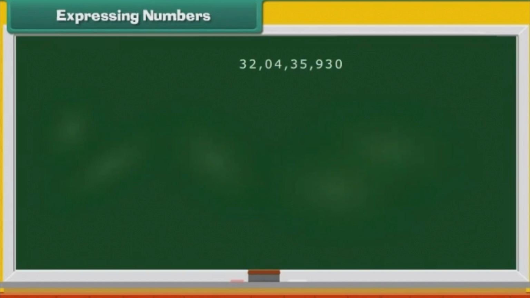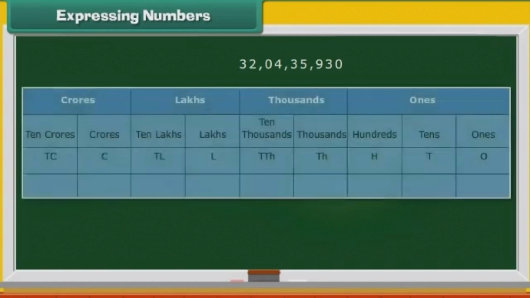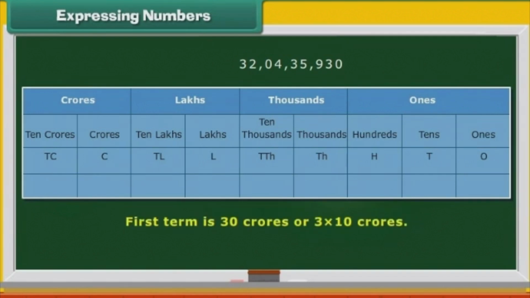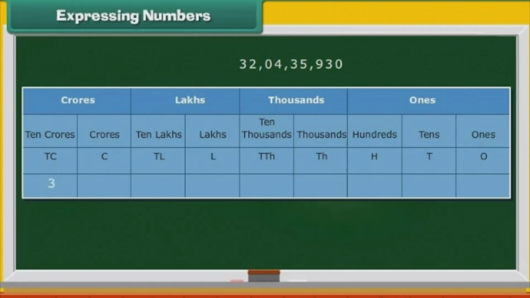Let us express the number in standard form. The number belongs to the Indian System of Numeration. Therefore, draw the Indian Place Value chart. Let us look at the terms one by one. First term is 30 crores or 3 multiplied by 10 crores. Place 3 under TC.